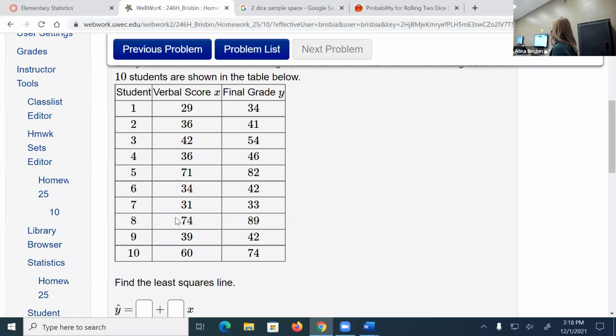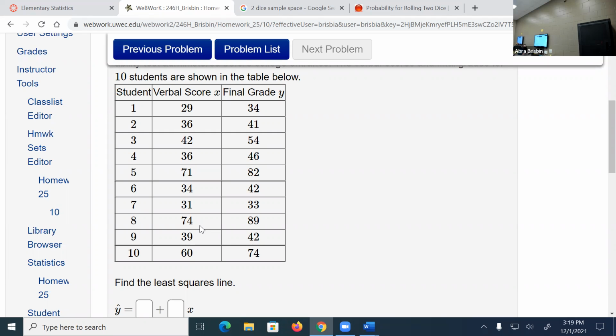Extrapolation, yeah. So when we make predictions using extrapolation, those are less reliable than predictions that are inside the range of the data, essentially an interpolation. Because it might be that there's a linear trend in this range of 29 to 74, but then after that, the trend starts to curve one way or the other.